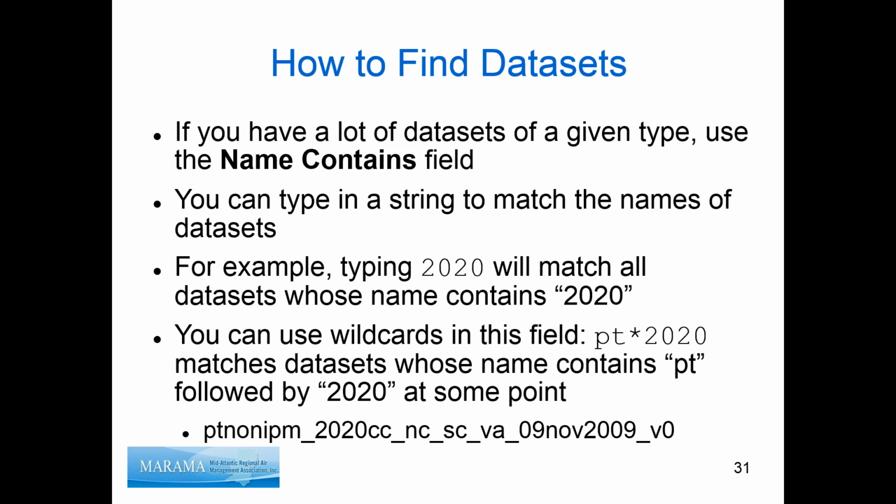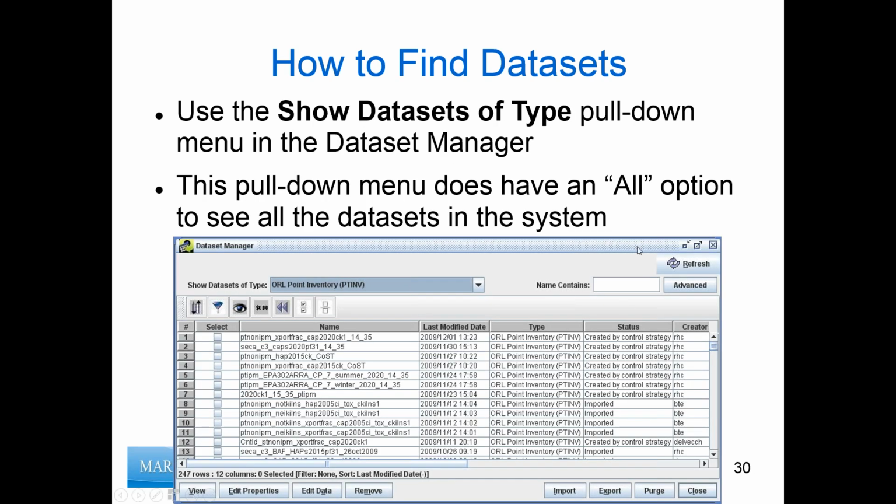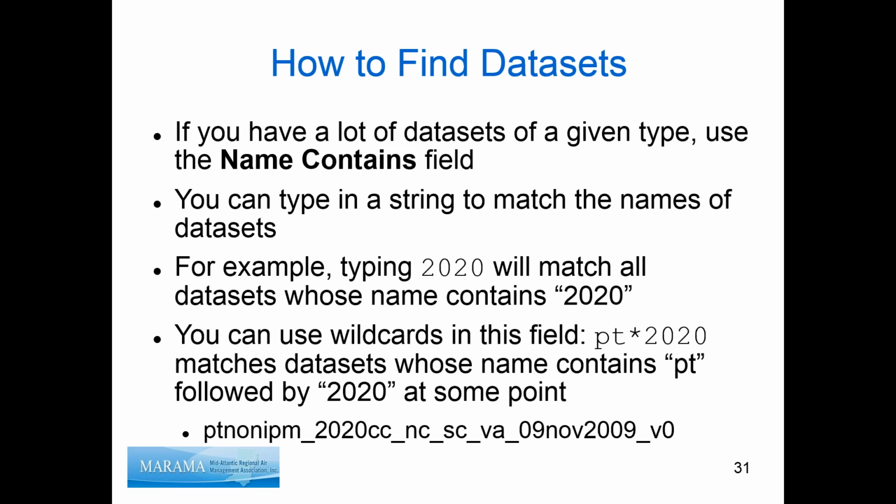Another option for finding datasets is the Name Contains field. I'm going to hop back one second. Right here on the Dataset Manager, there's this Name Contains text field, which lets you do a quick search to find datasets whose name contains the string you type in.